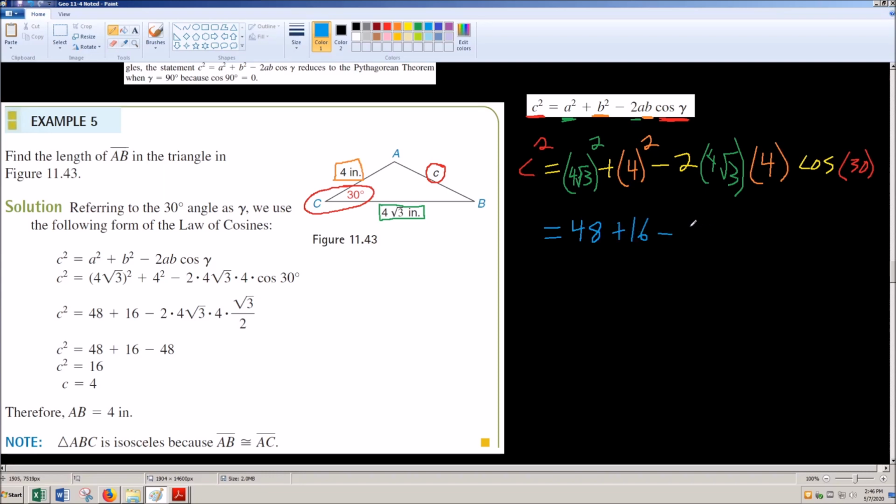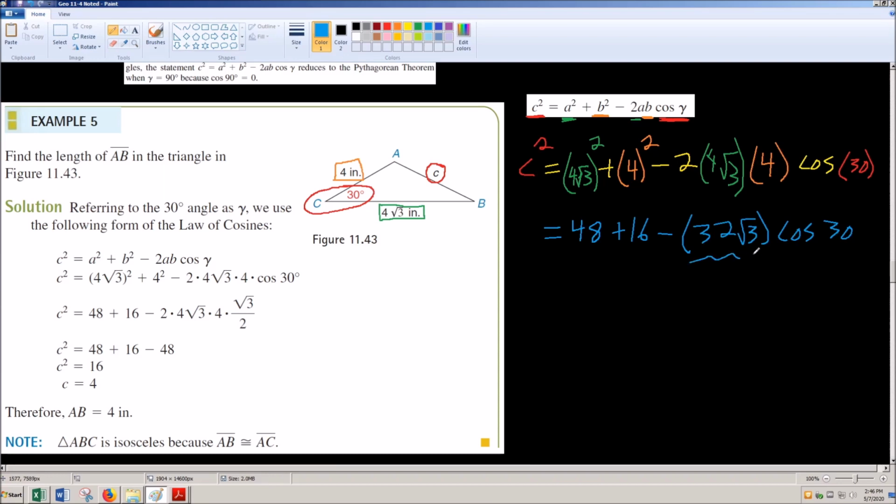Here I have minus, and now I'm just going to write this as the value itself, and then I'm going to say times cosine of 30. The reason being is I don't want to simplify or lose any of my, I don't want to start approximating. So 4 times 4 is 16, times 2 is 32. So I'm subtracting 32 root 3 times cosine of 30.